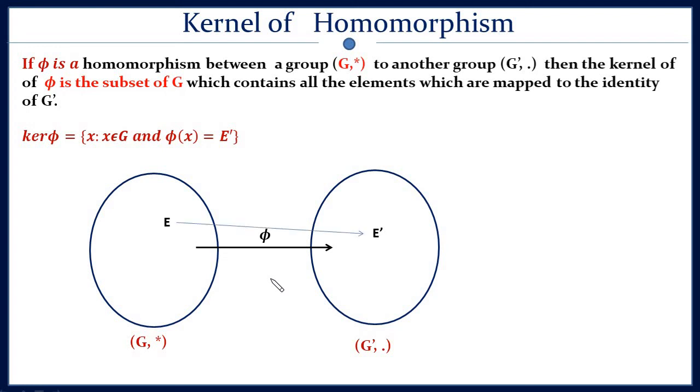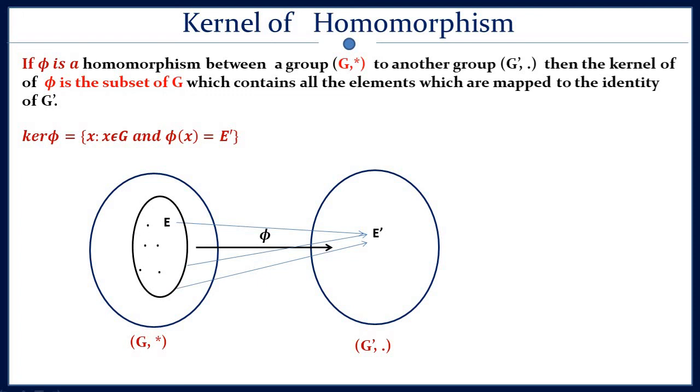Now suppose in group G there are other elements, some random elements like this, and these elements are such that all of them are also mapped to E prime. That is a set within this group G, which means this set is a subset of group G. And all the elements of this subset must be mapped to this E prime. Let's say any random element is x, then phi x must be E prime. If another element is y, then phi y must be E prime.